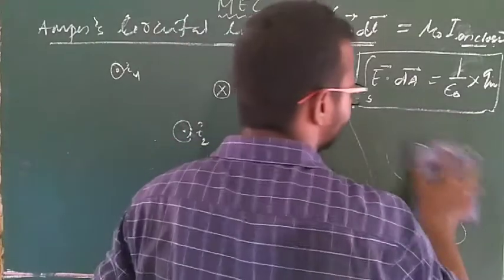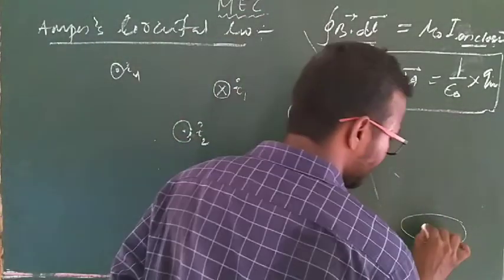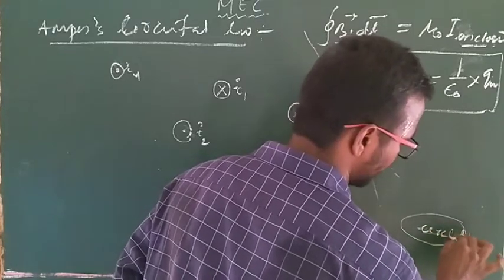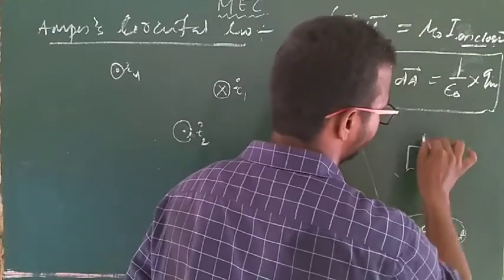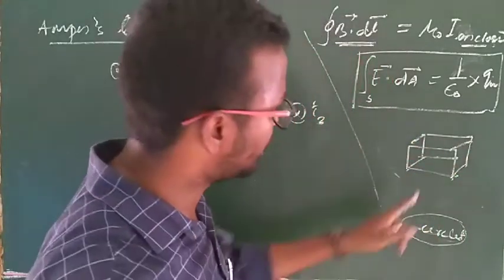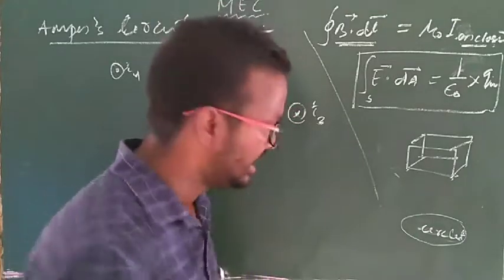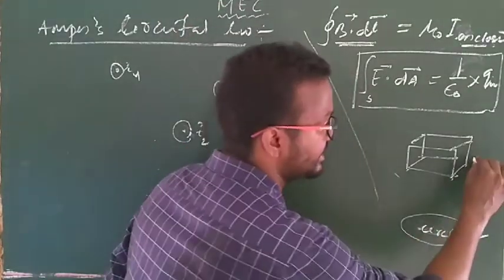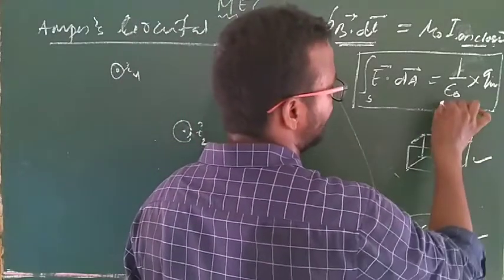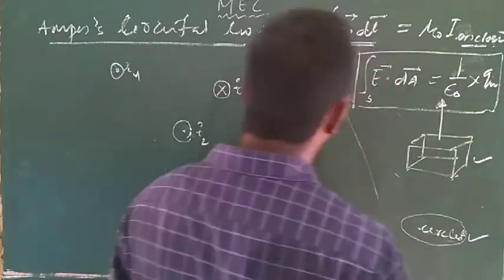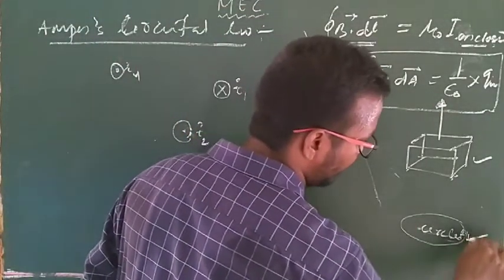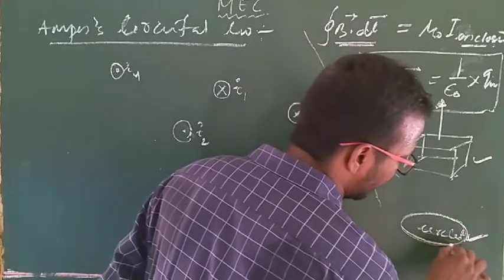Suppose one example, there is a circle and there is a cuboid. This is a loop and this is a surface. Clear? So in electrostatics we deal with the Gaussian surface, but in Ampere's law we deal with the loop only. That means circle only.